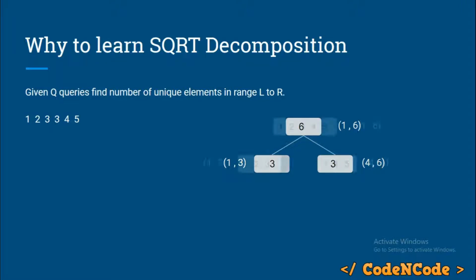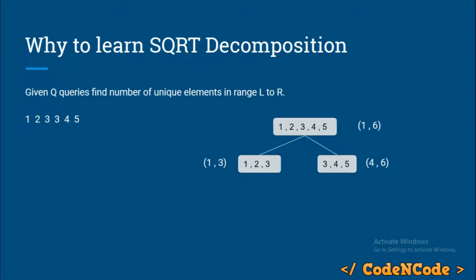The other way you can solve it is that at each node you can store a set of integers in that range. So 1 to 3's range would contain integers 1, 2 and 3 from the array. 4 to 6 would contain integers 3, 4 and 5.